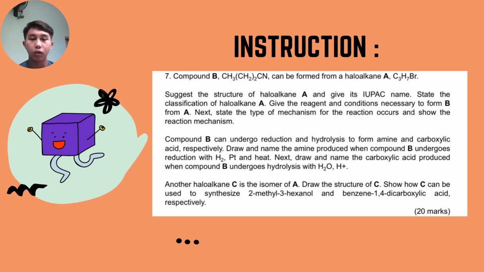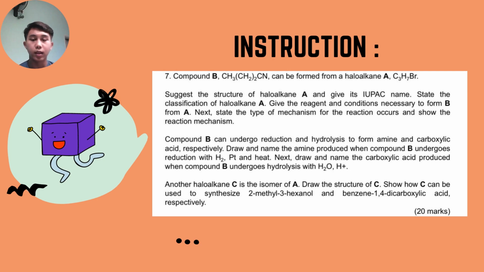Compound B can undergo reduction and hydrolysis to form amine and carboxylic acid respectively. Draw and name the amine produced when compound B undergoes reduction with H2, platinum and heat. Next, draw and name the carboxylic acid produced when compound B undergoes hydrolysis with H2O and H+.